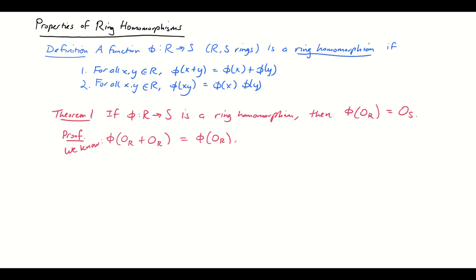And then using the fact that phi preserves addition, we can say phi of 0r plus phi of 0r is equal to phi of 0r. And now we're in business because we know that we have additive inverses, so we can just add the additive inverse of phi of 0r to each side.